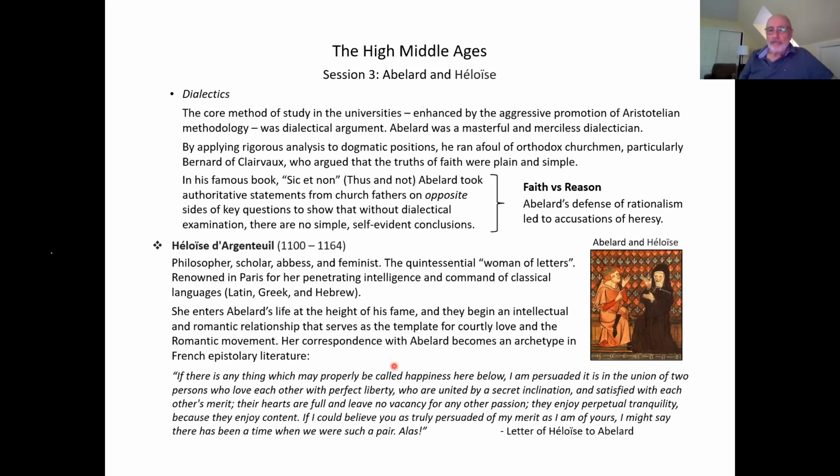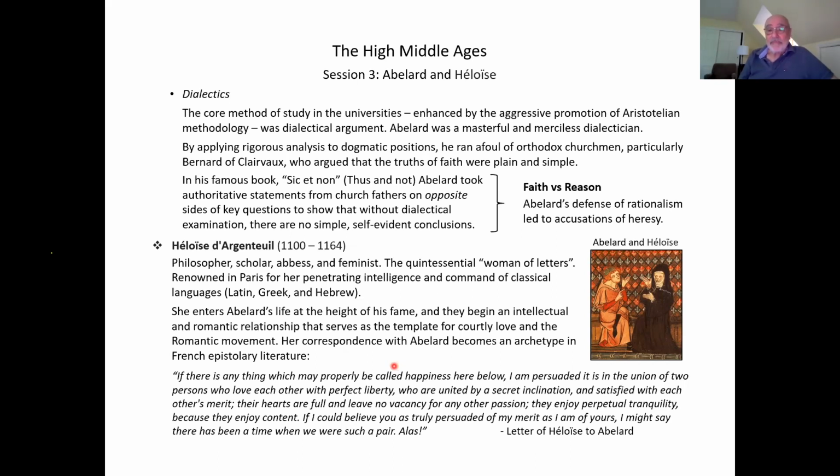And of those two books, the first one took sort of the Catholic position, and the second one took sort of the Protestant tradition. So Abelard could have used Augustine on both sides of the question and said, maybe we do need dialectical examination to clarify this.